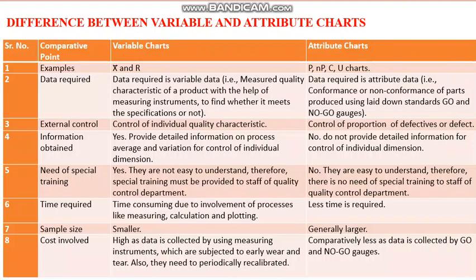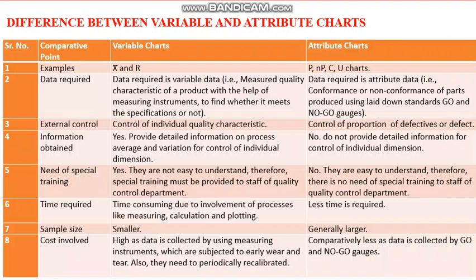Let us see this much, and then we'll stop. Difference between variable control chart and attribute control chart. Variable control chart examples are X bar chart and R chart, whereas attribute control charts are P chart, NP chart, C chart, U chart.